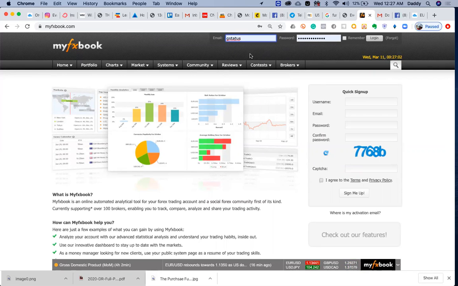But since you're on the app, let me go to the app, because I actually like the app a little bit better than the website. All right, so what you're going to do is open up your app.